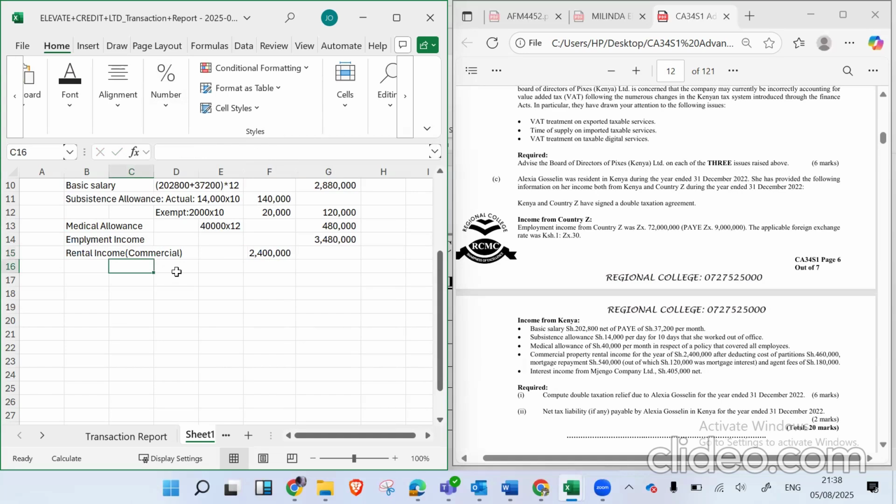So we add back partitions. Partitions had costed 460. So add back 460. We also have mortgage repayment.